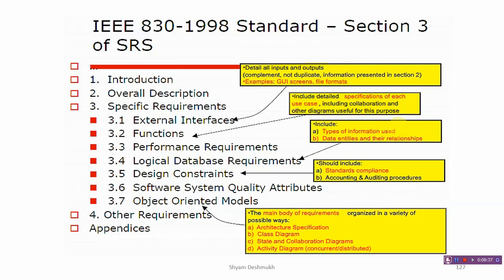It includes types of information used, data entities and their relationships. It should include standards, compliances, and accounting and auditing procedures. The main body of requirements is organized in a variety of possible ways, like architectural specification, class diagrams, state and collaboration diagrams, and activity diagrams in this object oriented model.